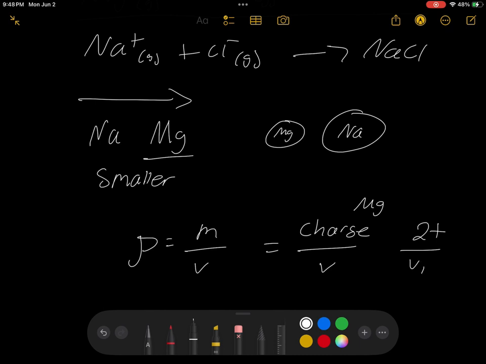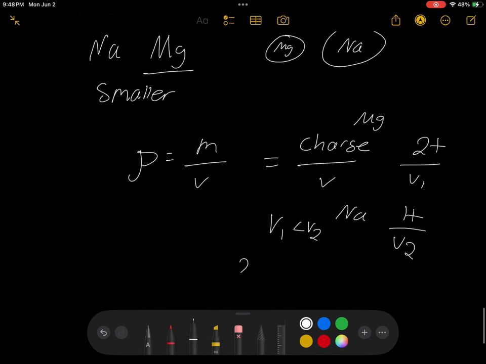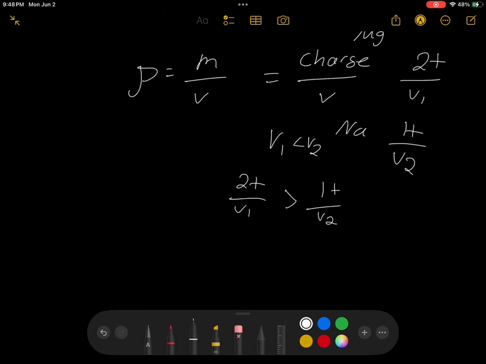So we can say that's V1. For sodium, that's only 1+ over its volume. We know that V1 is smaller than V2. So therefore, 2+ over V1 is going to be much greater, meaning it has a greater charge density. That's kind of like a somewhat computational way to think of it.